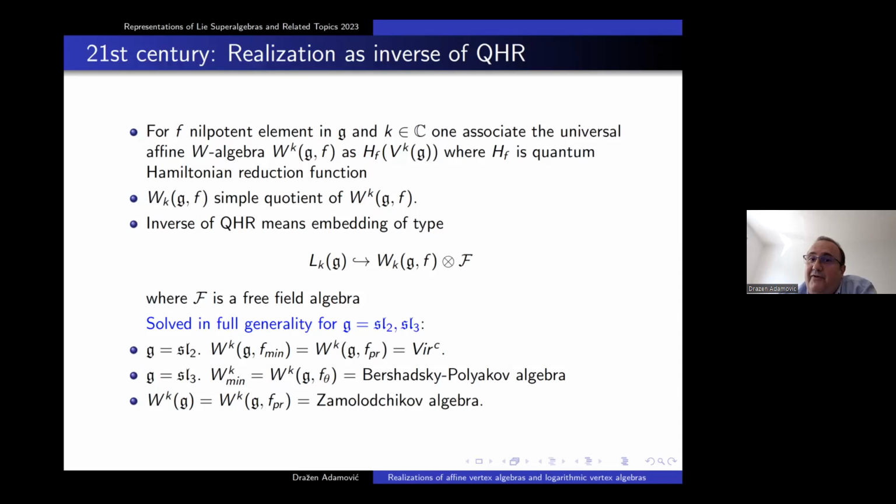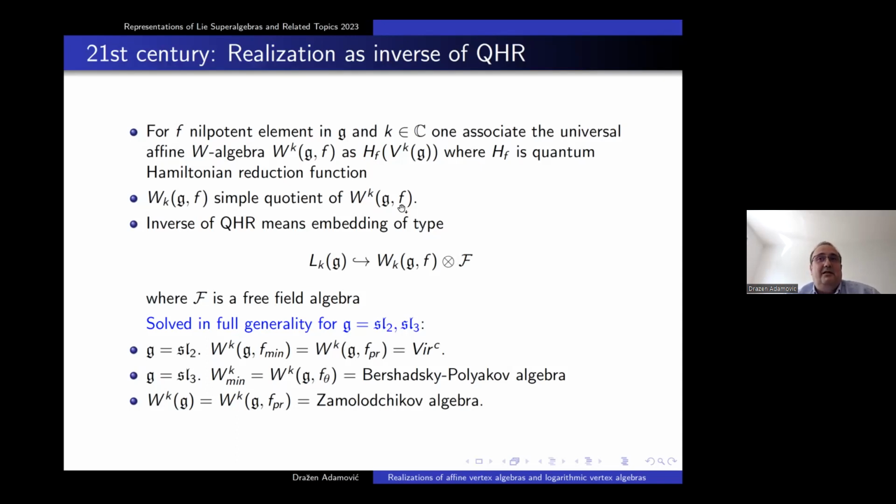This program is not finished. It is relatively new, developing in the last 5-6 years. So the question is whether we have such an embedding, and we expect a positive answer, that we will always have it. But you notice this is much better when you have a tensor product. Tensor product is a perfect thing. This is just a tensor product of two vertex algebras.